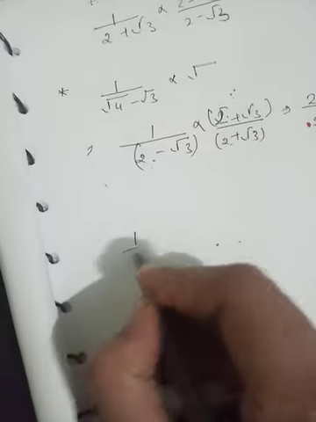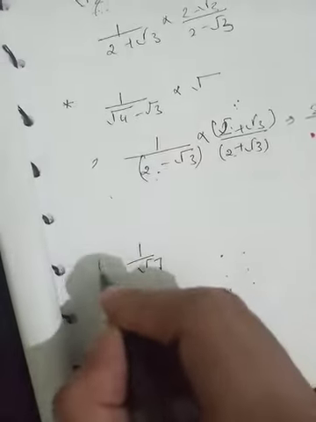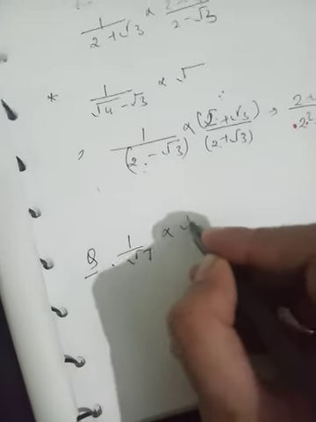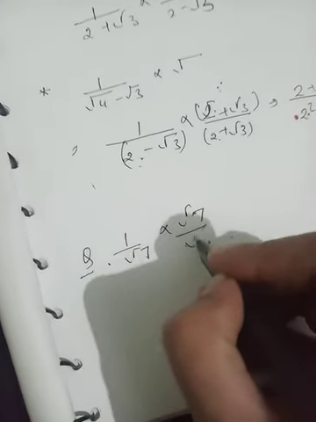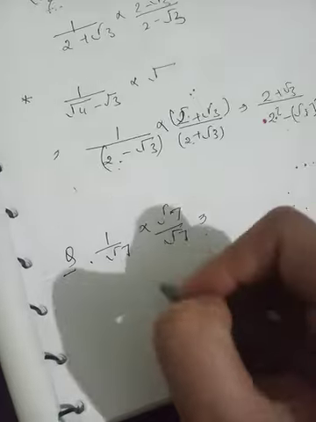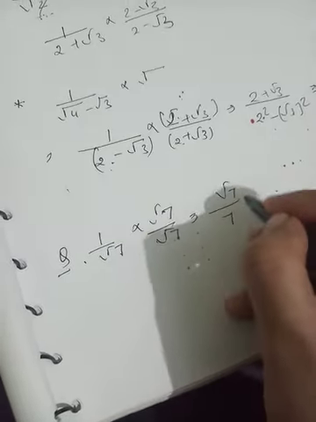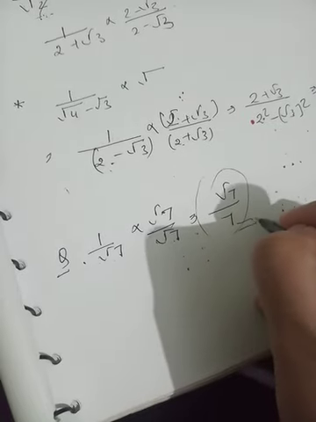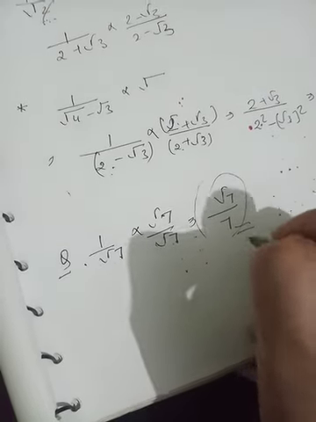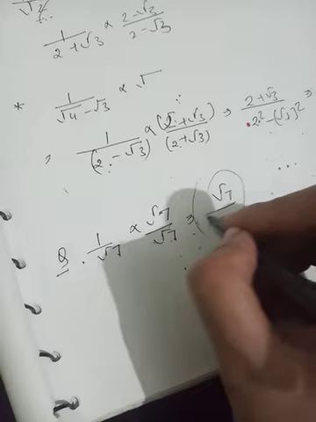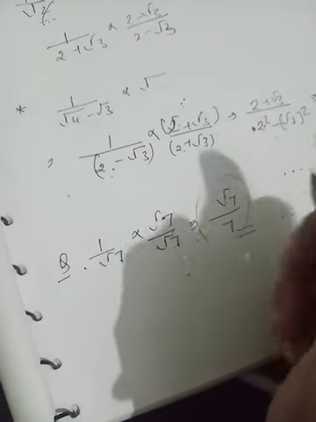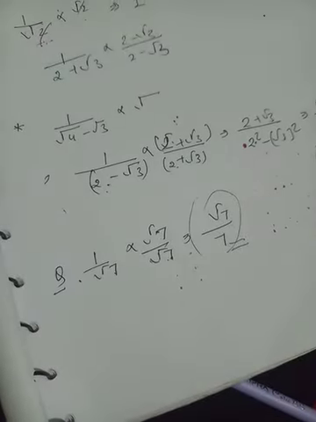So if you have root 7, multiply root 7 in both numerator and denominator, then you get root 7 by 7. Our purpose in solving this is to make the denominator free from the root.